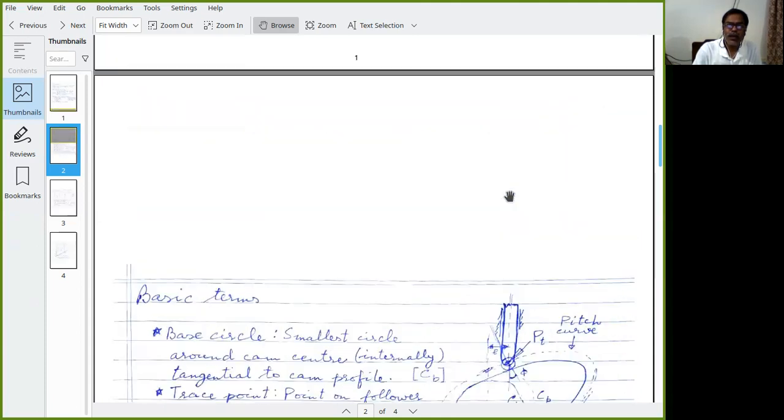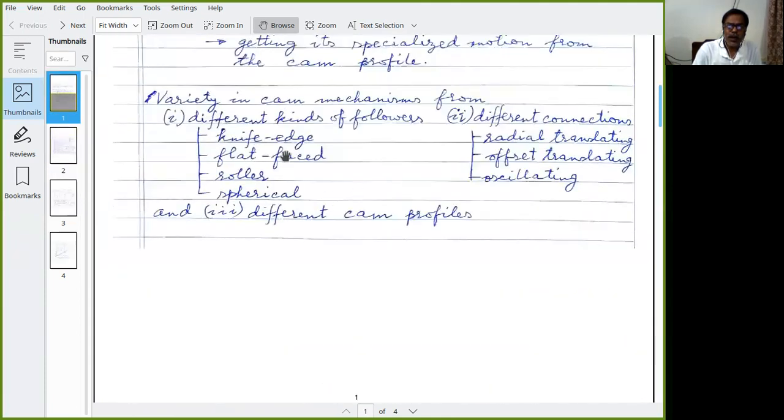So in the first line, the second column, radial translating, offset translating, oscillating, that you have understood. Radial translating is if the line of motion of the follower passes through the cam center. It is an offset translating follower if the line of translation of the follower has an offset from the cam center, the one that is shown in the picture, and oscillating if it rocks from one orientation to another orientation.